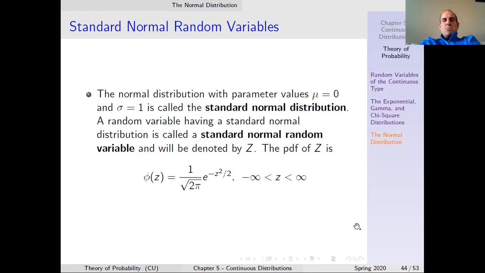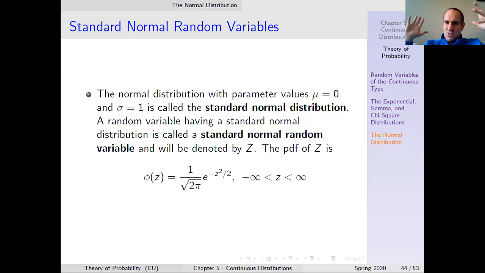The normal distribution with mean 0 and standard deviation 1 is called the standard normal distribution. This is very important because there are infinitely many normal distributions. I could have any mean, any variance. So the standard normal is basically a way of turning every normal random variable into the standard normal.